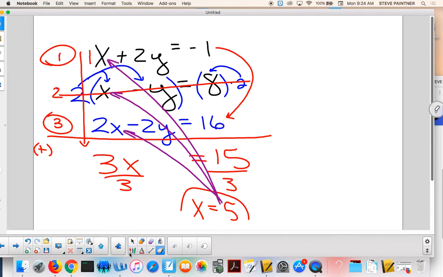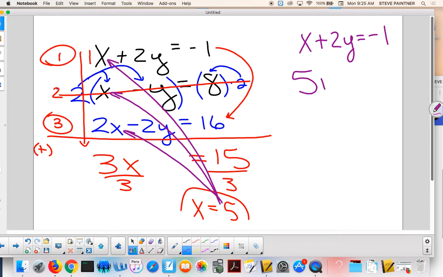Okay, here we go. x plus 2y equals negative 1, but x is what? 5. 5 plus 2y equals negative 1. Minus 5, thank you.